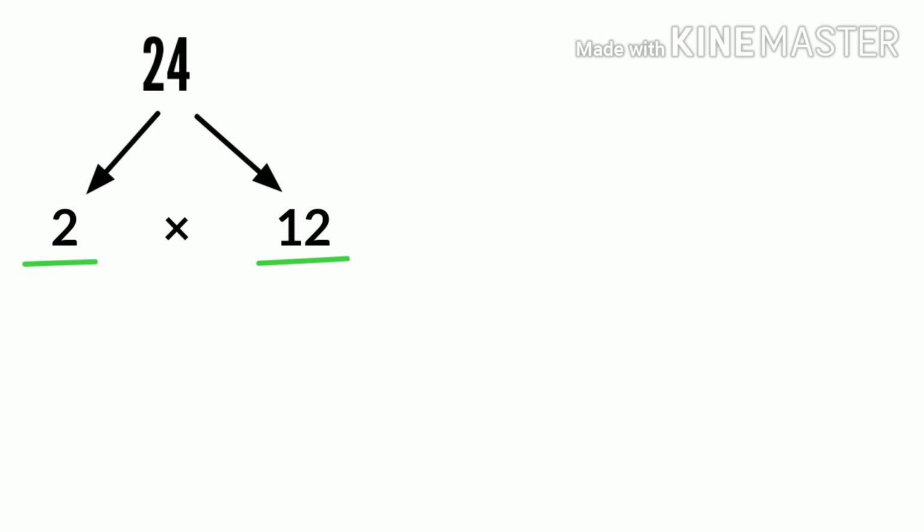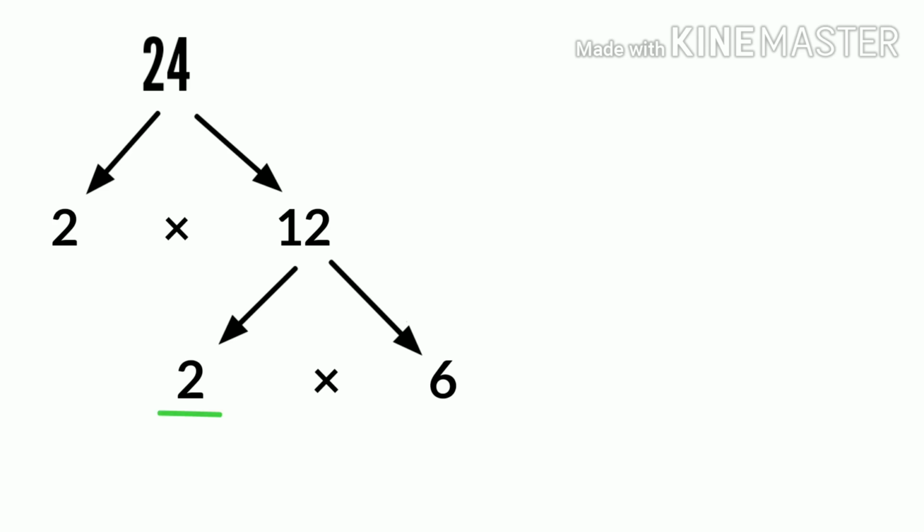Now here, since 2 is a prime factor, we will leave 2 as it is. And we will further factorize the composite factor 12 as 2 multiplied by 6. Now again, since 2 is a prime factor, we will leave it as it is. And we will further factorize the composite factor 6 as 2 multiplied by 3.